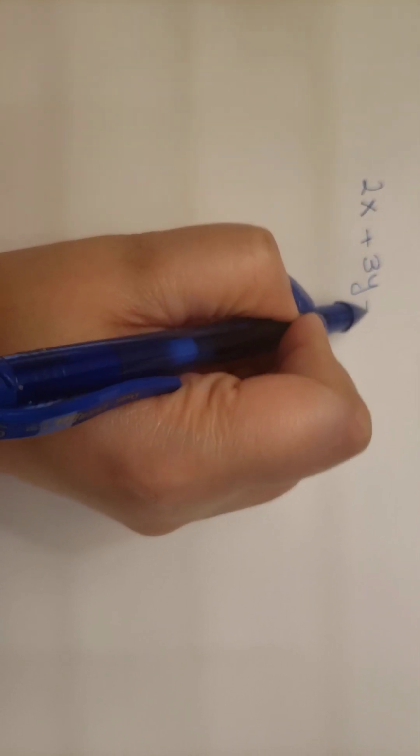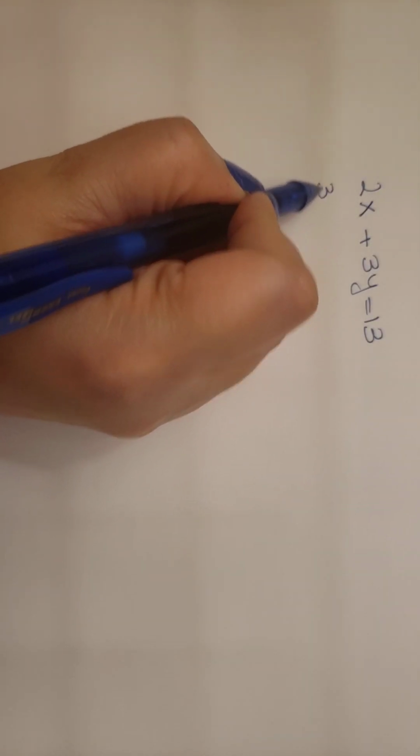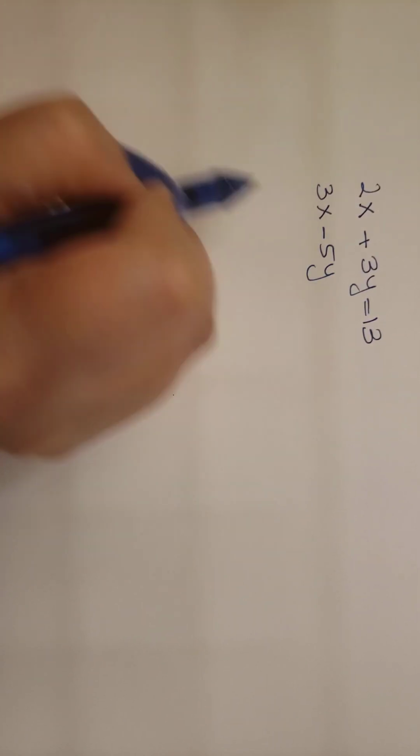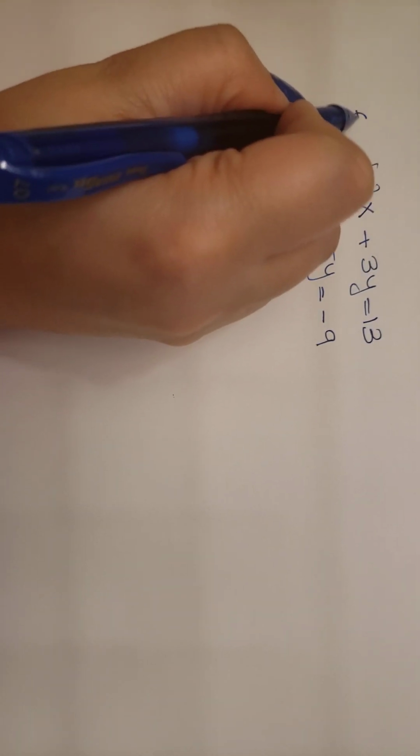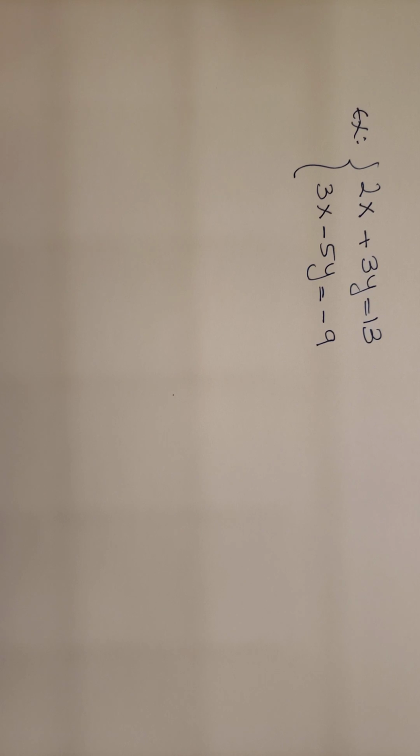So let me give you an example. The first equation would be 2x plus 3y equals 13. And the second equation would be 3x minus 5y equals -9. This is an example, and I want to solve it through Cramer's rule.